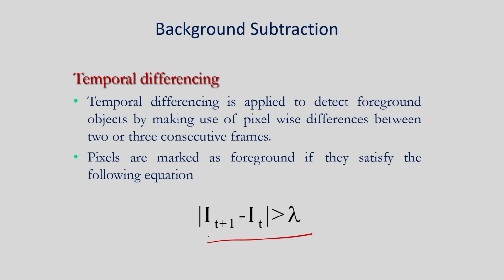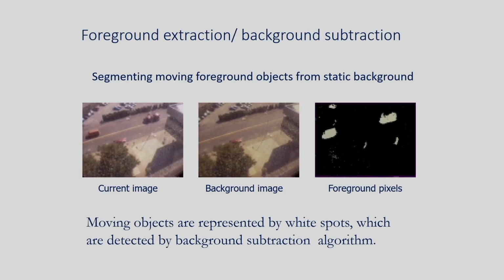Suppose I consider a particular pixel: the pixel at time t plus 1 is I_{t+1} minus I_t, that is the pixel at time t. If the absolute difference between these is greater than a particular threshold, then we consider that pixel as a foreground pixel. Otherwise, it is a background pixel. Like this, we can determine the moving pixels. In this case, I am showing one example of foreground extraction, that is, background subtraction.